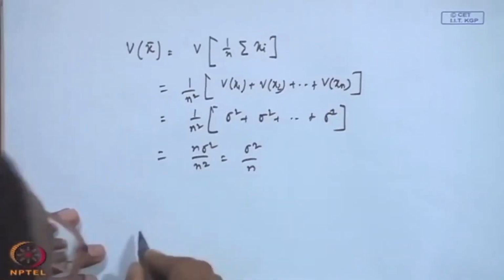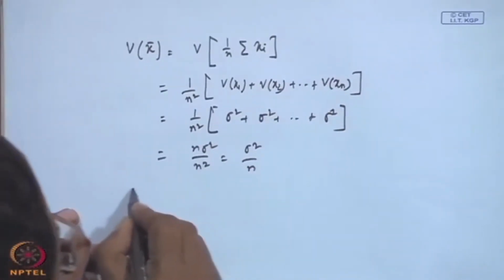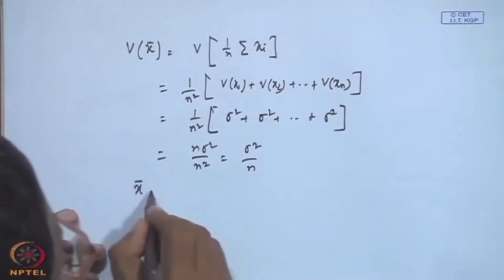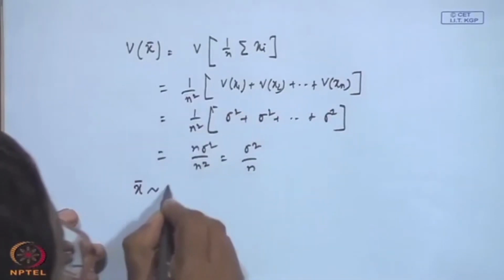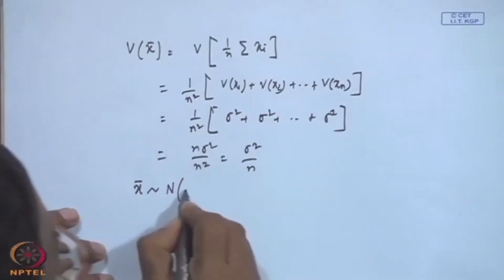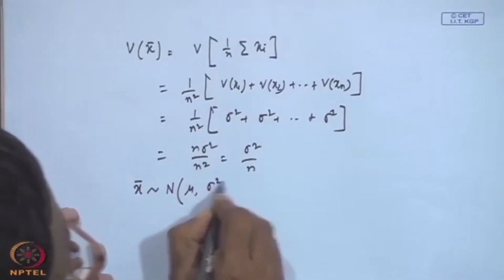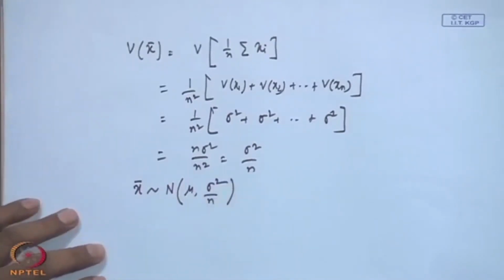So, using that, if I create x bar, I told you it is normally distributed with mean mu and variance sigma square by n.